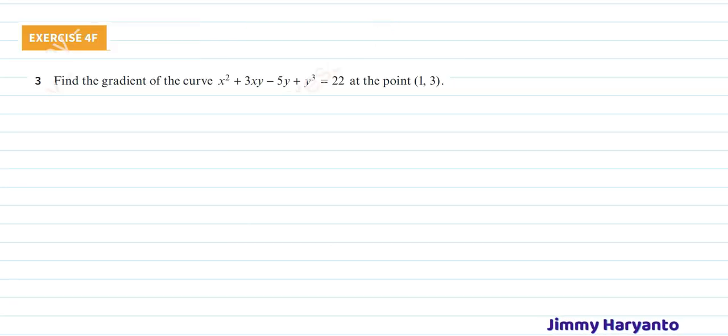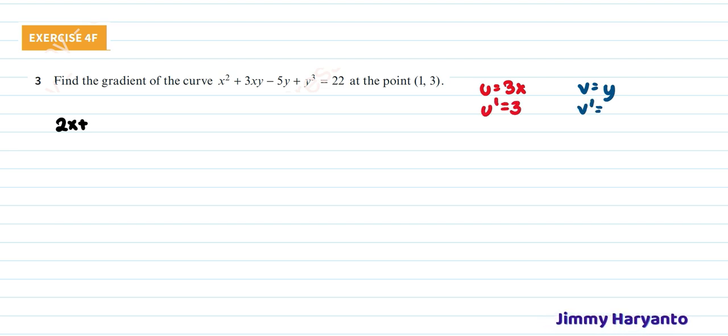Next is question 3. For question 3, let's differentiate the function first. First is x squared. X squared will become 2x, and then 3xy, we have to use uv, u equals 3x, and then v equals y, that means u prime equals 3 and v prime equals 1.